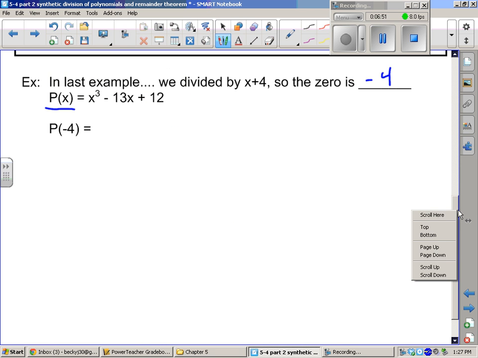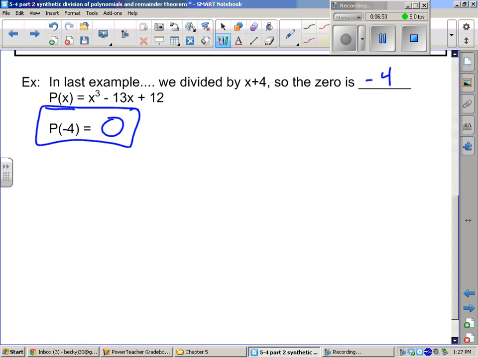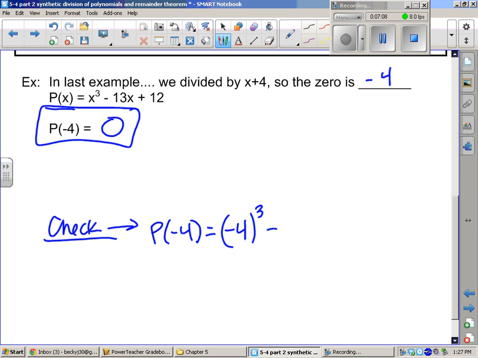Okay, so I've already done the work to come up with that, but I want to show you that it really does work. So right now I'm going to check. I'm going to show you why it works. Finding p of negative 4 means taking negative 4 and substituting for my x's.